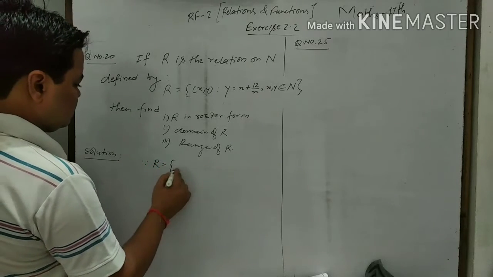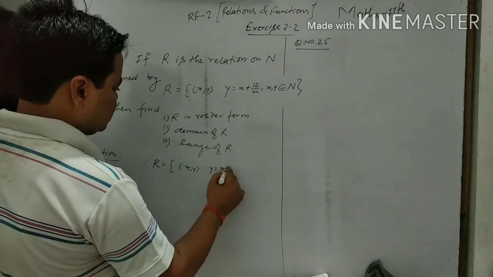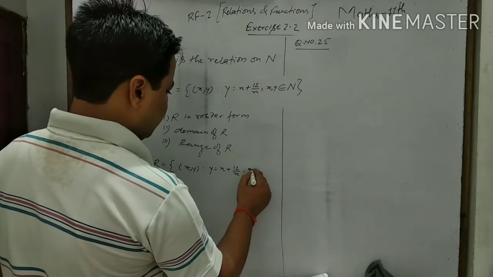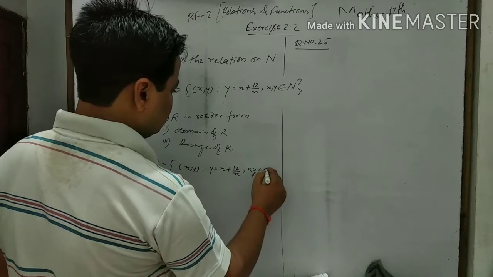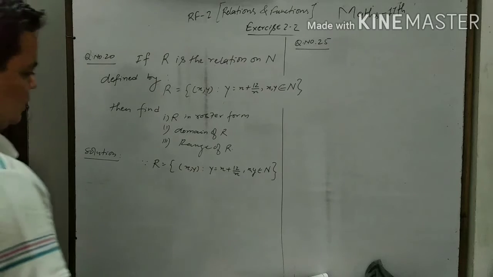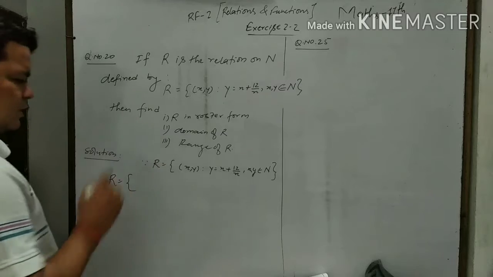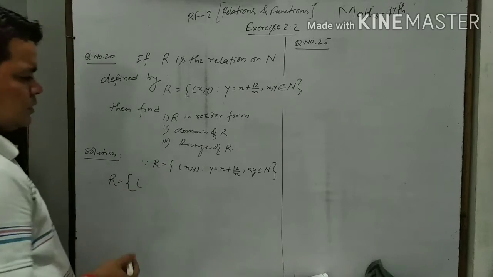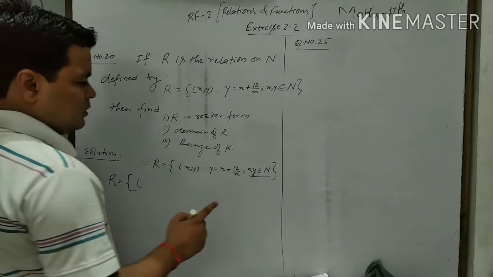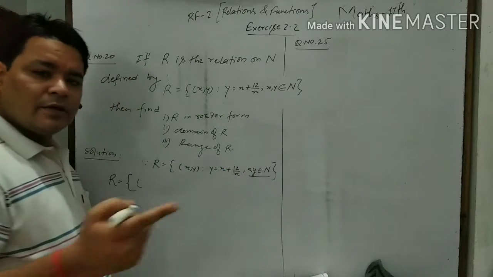According to this, since R = {(x, y) such that y = x + 12/x}, and here x, y belong to natural numbers, both are in N. So we can take x only a natural number and y only a natural number.